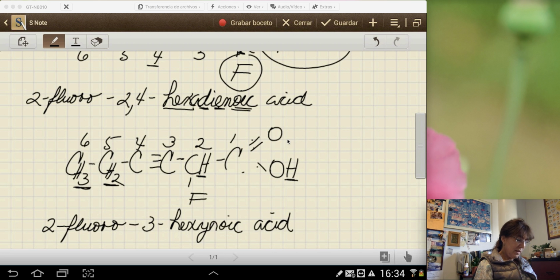And you have the functional group isomer, this one being an yne, this one being an ene.